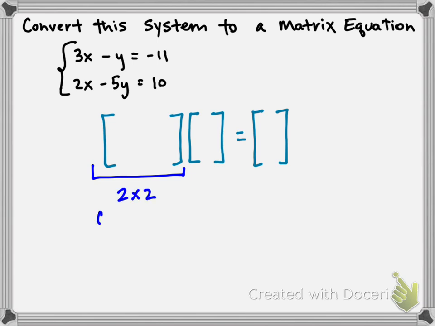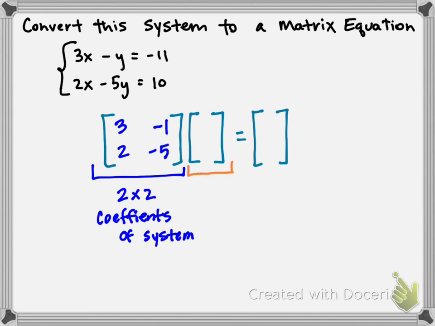We want this to have the coefficients of the system. So I think I spelled coefficients wrong, but it's okay. We want 3, -1, and then 2, -5. For the middle matrix, this is known as our X matrix.